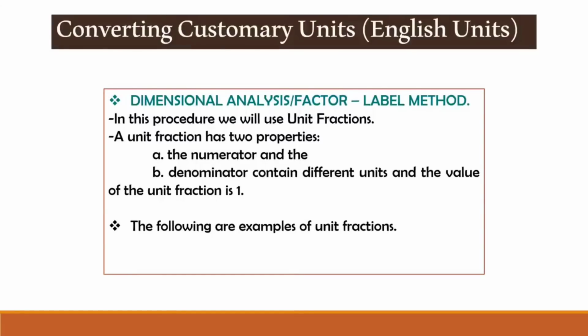The following are examples of unit fractions: 1 foot over 12 inches, so those two are equivalent; 12 inches over 1 foot; 1 yard over 36 inches, and so on.